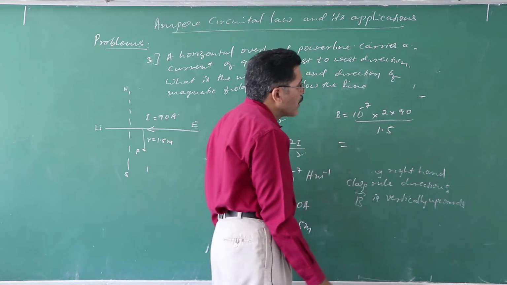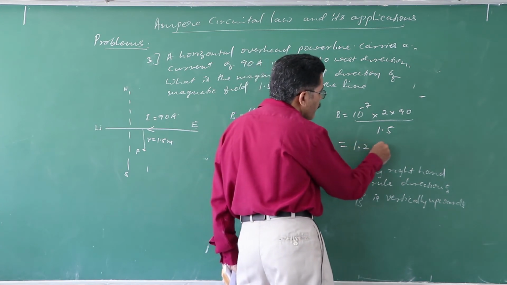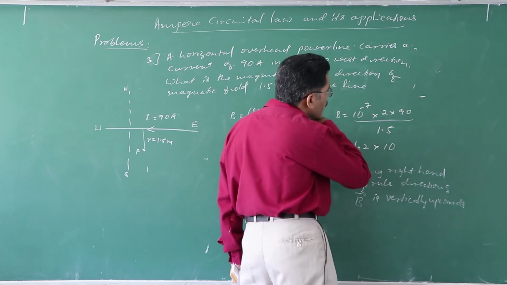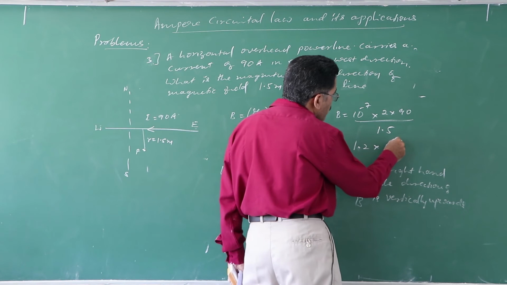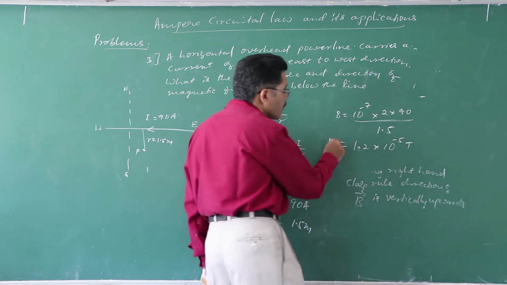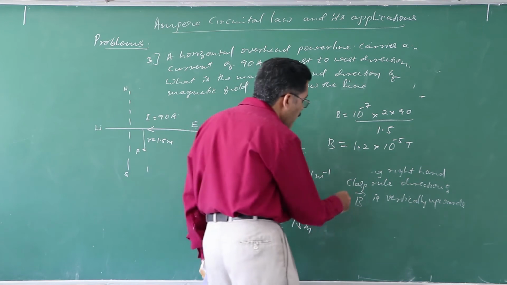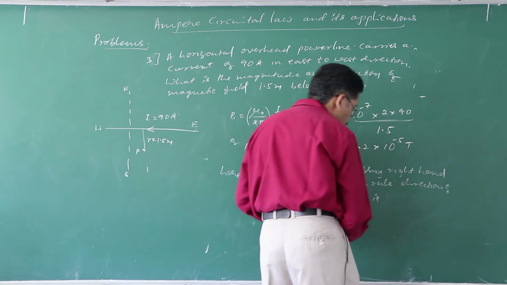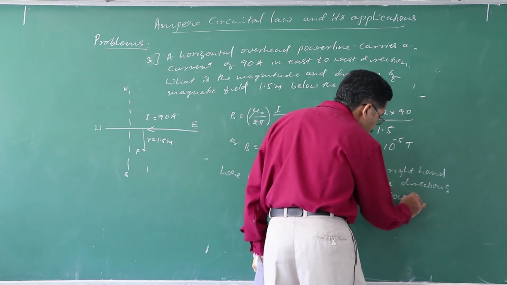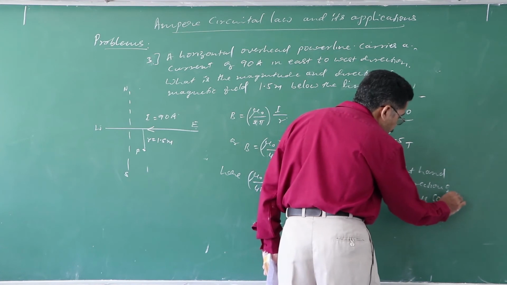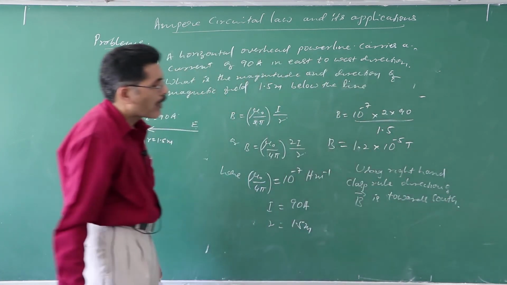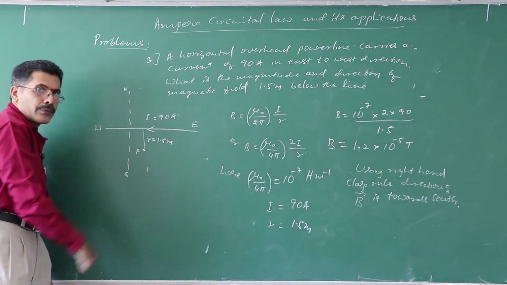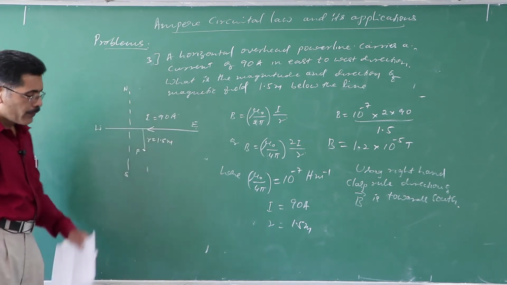This comes out to be 1.2 into 10 raised to minus 5 Tesla. And using the right hand clasp rule, the direction of the magnetic field is towards south, north to south, like this.